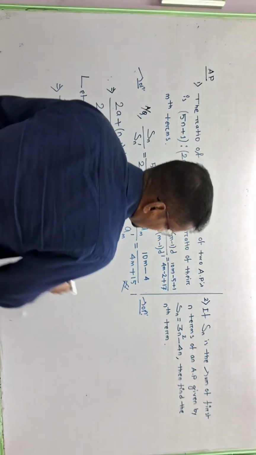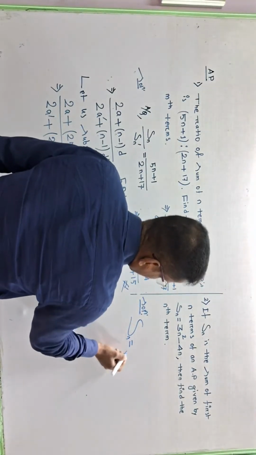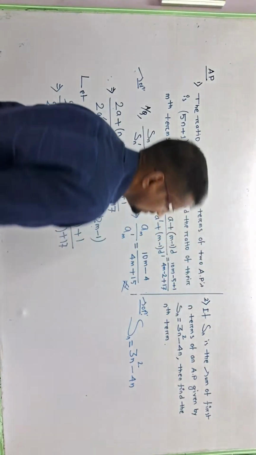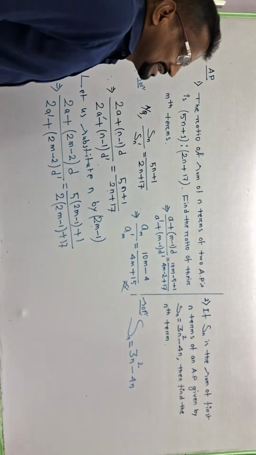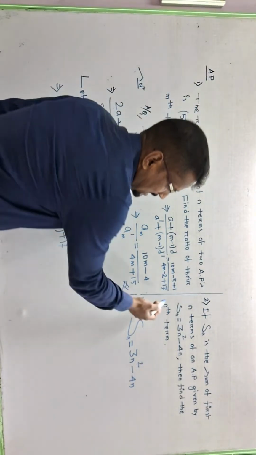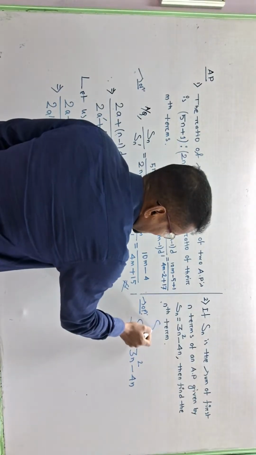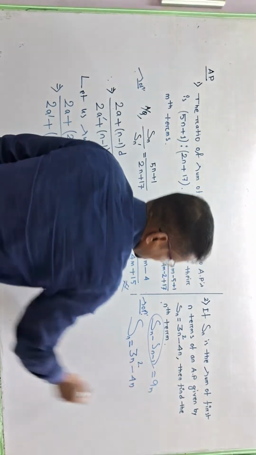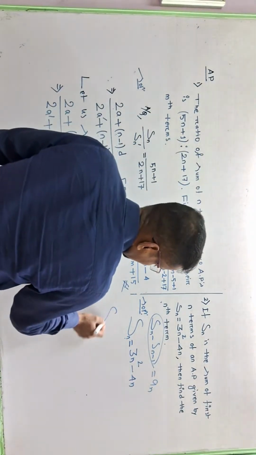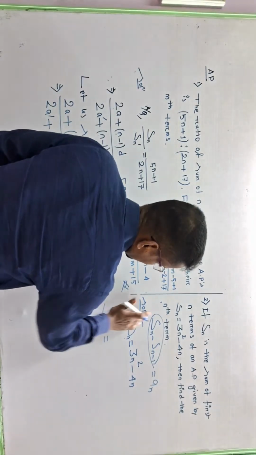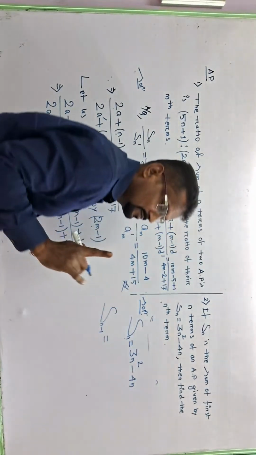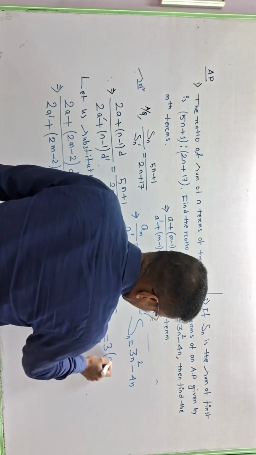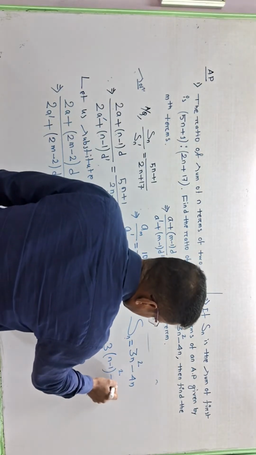Now here you see, write Sn. Sn is given as 3n square minus 4n. So the nth term you get by doing Sn minus Sn minus 1. Now in place of n, write n minus 1, to get the sum of the first n minus 1 terms. So Sn minus 1 is 3 times (n minus 1) whole square minus 4n.